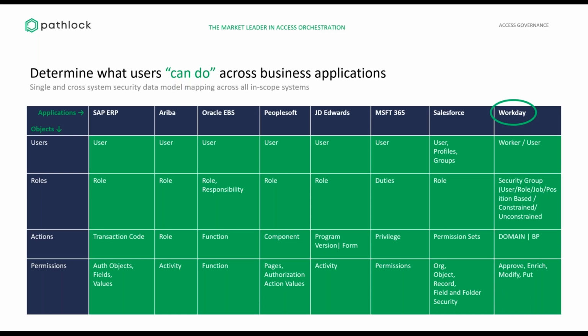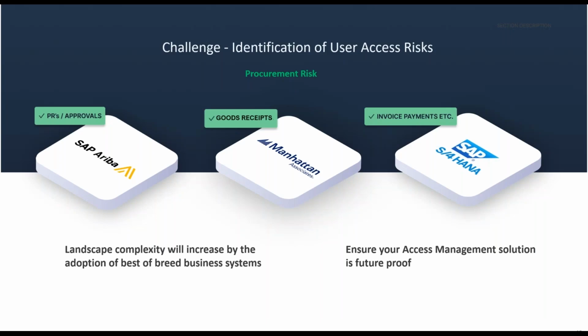So that's great, but what about even more complex scenarios? For example, we may have now or in the future a challenge around user access risk reporting and identification across 3 or more business applications.